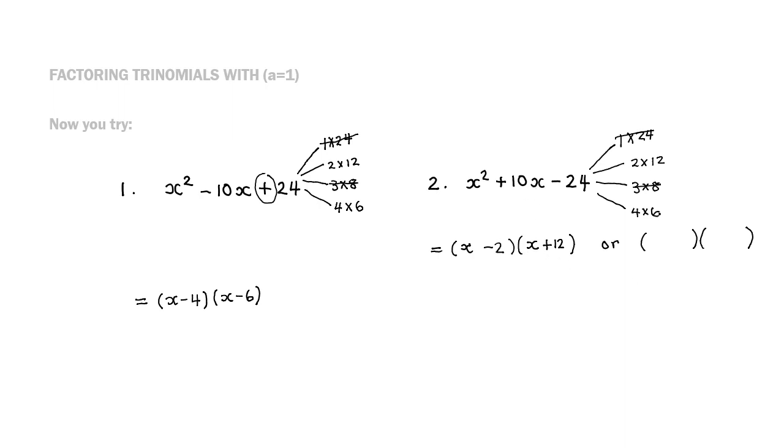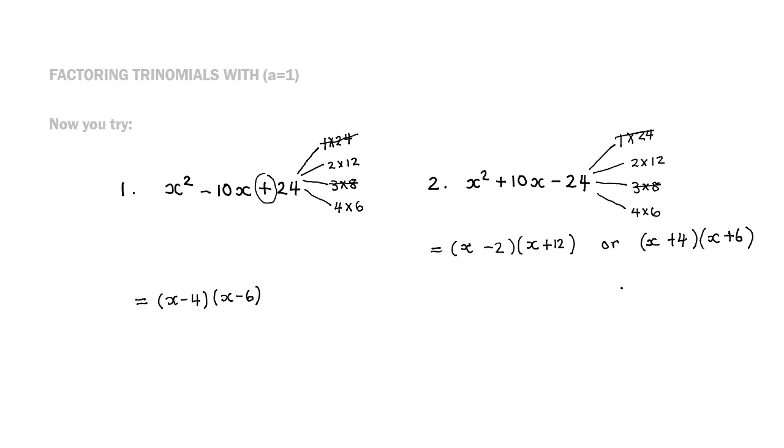And then for the other possibility, we'll have again x and x in our bracket. How do we make 10 from 4 and 6? Well, 4 plus 6 is 10, so we just need a plus 6 and a plus 4.